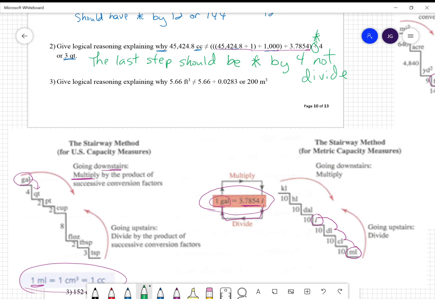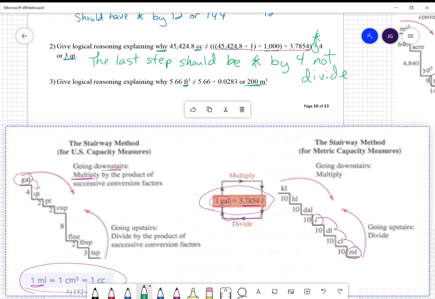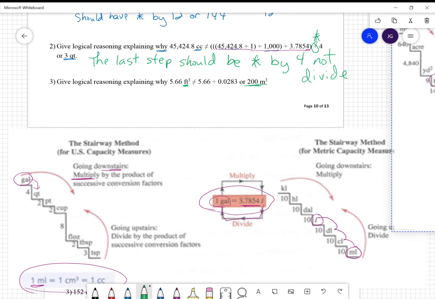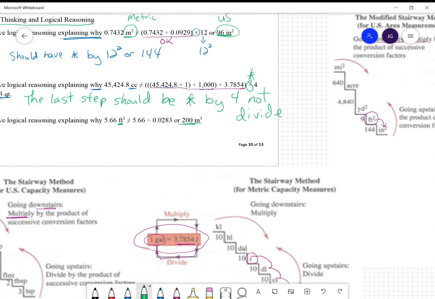Okay, the next one. Give logical reasoning explaining why 5.66 cubic feet does not equal 200 cubic meters. Okay, cubic feet is a volume, so now I have to find the volume chart. This was the capacity, this one was area. So now let me see if I can find the volume one.